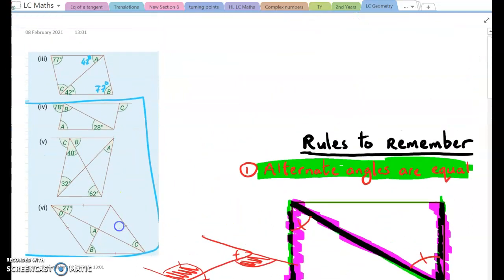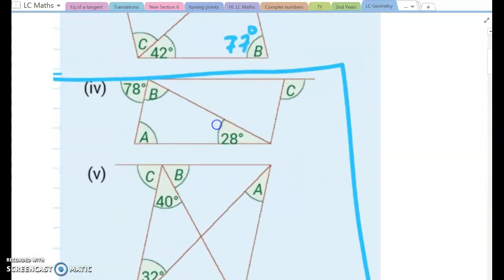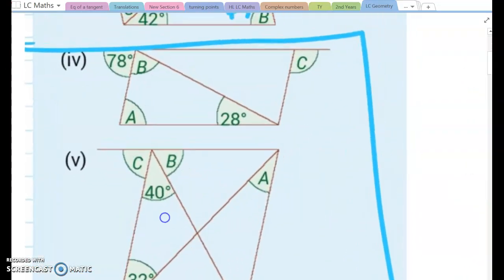Now can we apply that to this first one here, where we're asked to find A, B and C? Well, normally you'd always start off by finding A, so you do it in the order that they give it in. So A is normally the easiest one to find straight away, and you can see that A is part of a Z. See that Z shape there?